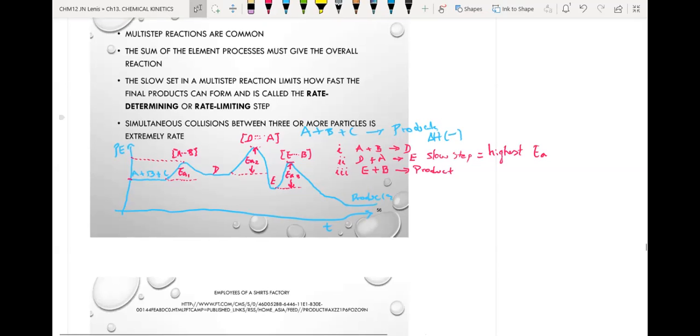It's going to be fast because it has a low hill to go up and down. So that reaction very quickly will reach the activation energy, the transition state, so it's going to be fast. Let's say very fast. And this is going to be fast too.